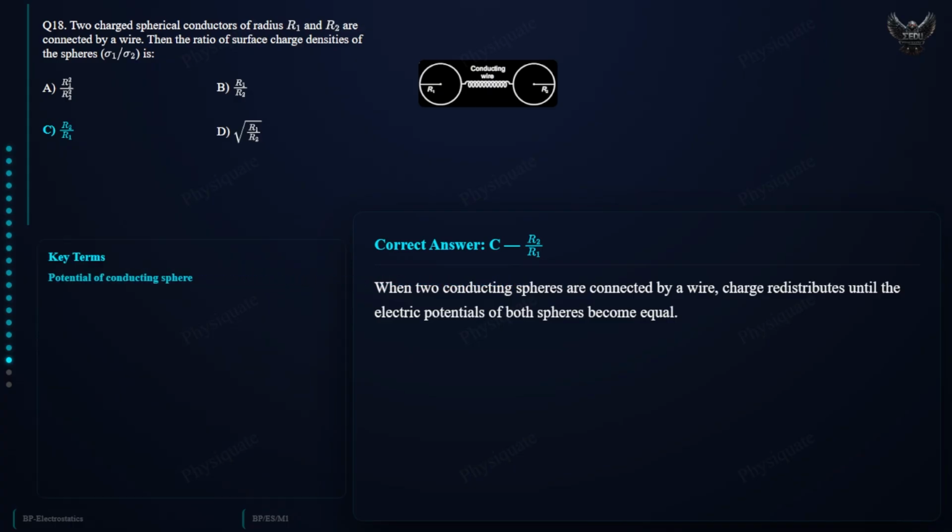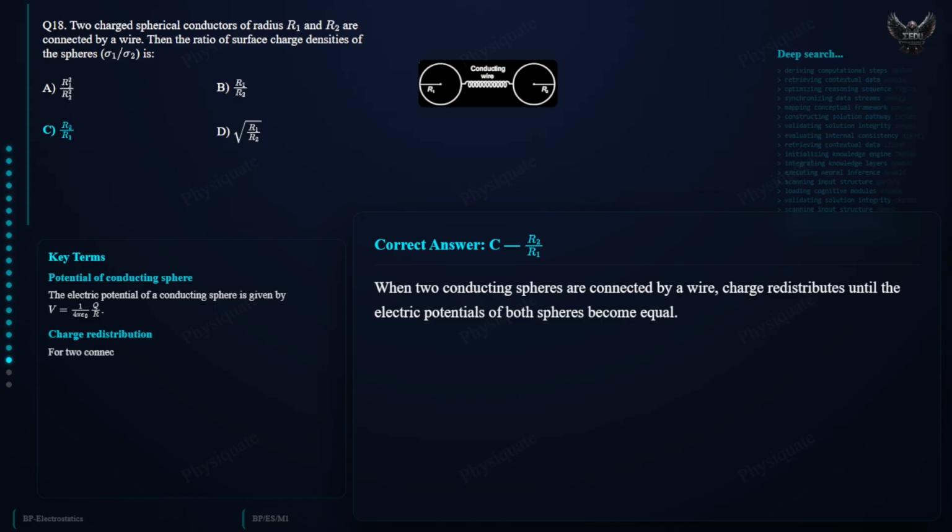Now let us consider the potential of a conducting sphere. The electric potential of a conducting sphere is given by V equals 1 divided by 4 pi epsilon 0 times Q divided by R. Let us examine charge redistribution.